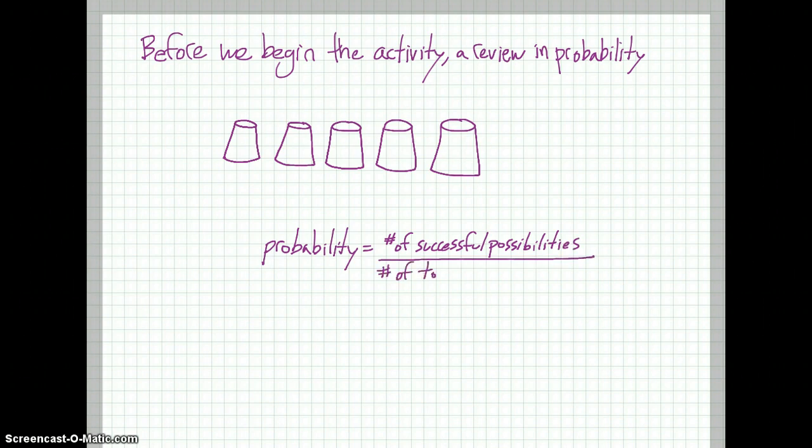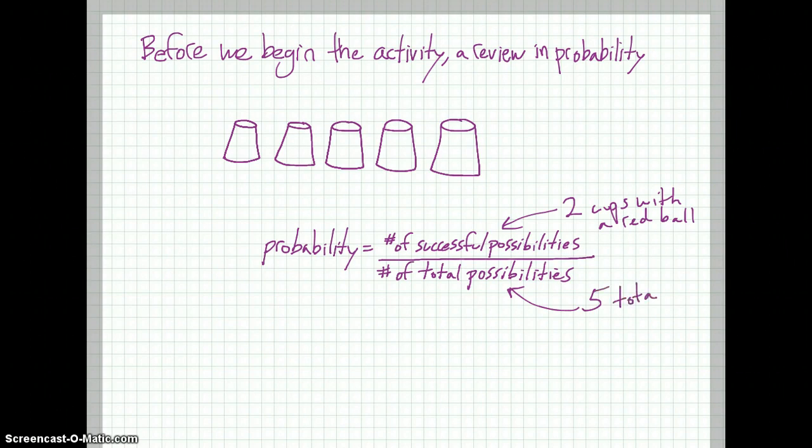The formula for probability is the number of successful possibilities divided by the number of total possibilities. In this case, 2 cups have red balls, and those would be successes, and there are a total of 5 cups.